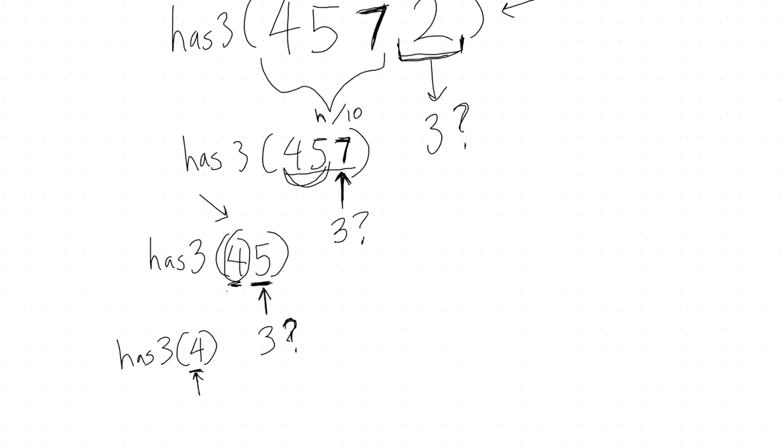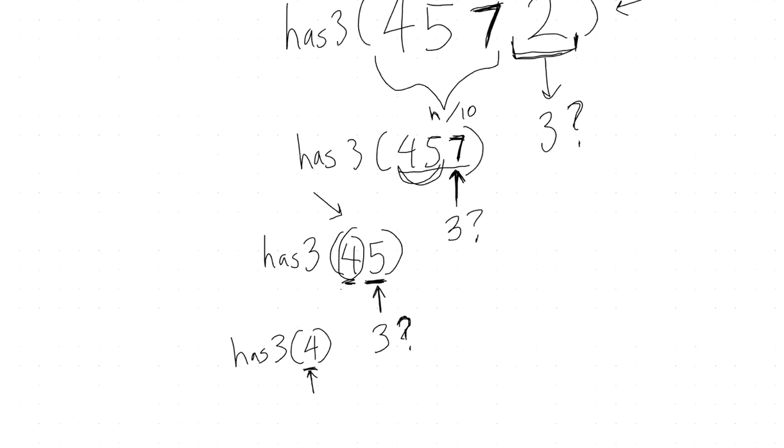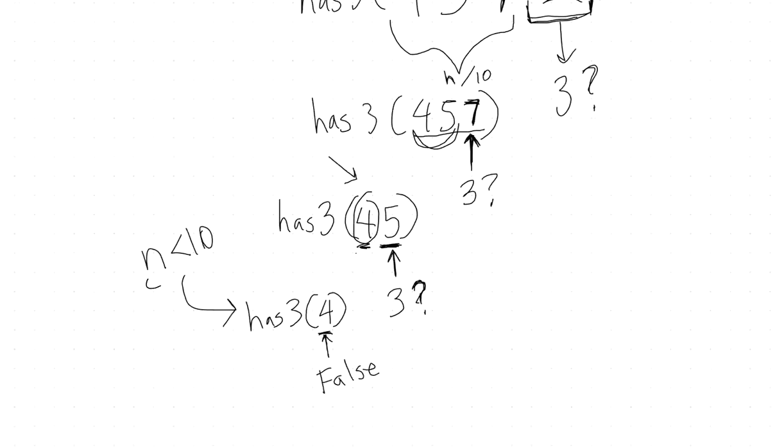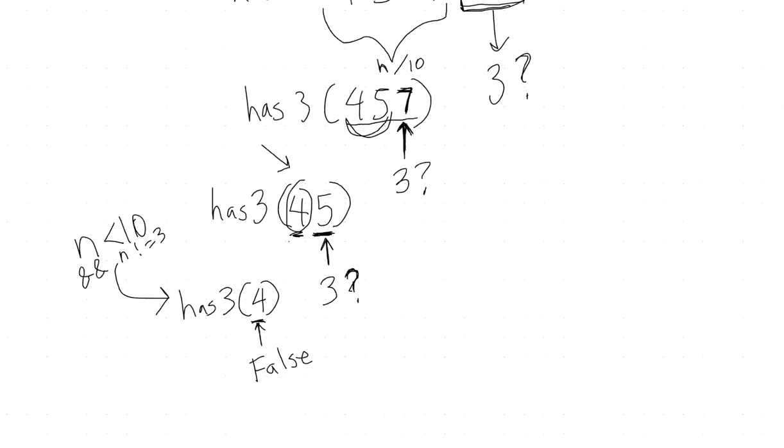So we found something that looks like a base case: if the number is less than 10 and it's not 3, then the answer is false. So one base case is n is less than 10 and n is not equal to 3. I'm just going to write that down for myself in the future.